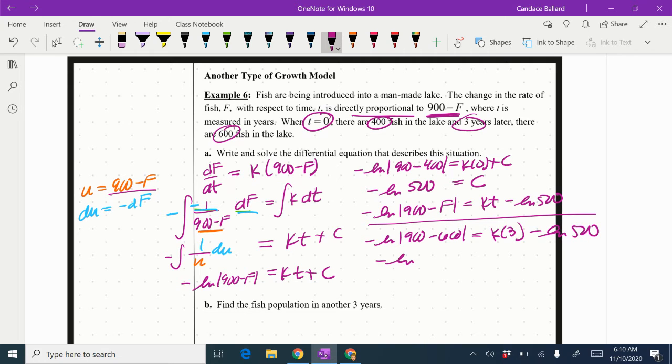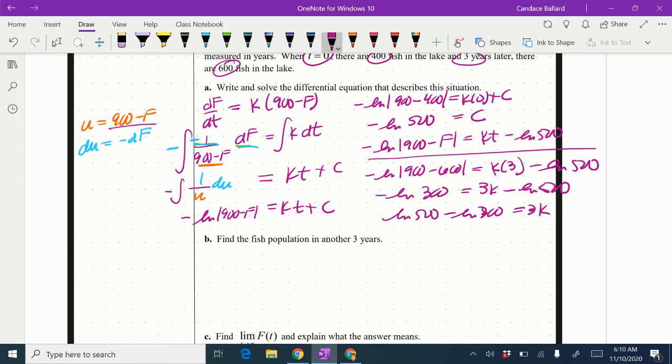So I get negative natural log of 300, I could probably drop my absolute values, equals 3k minus the natural log of 500. I'm going to add the natural log of 500 to the other side. So I get the natural log of 500 minus the natural log of 300 equals 3k.